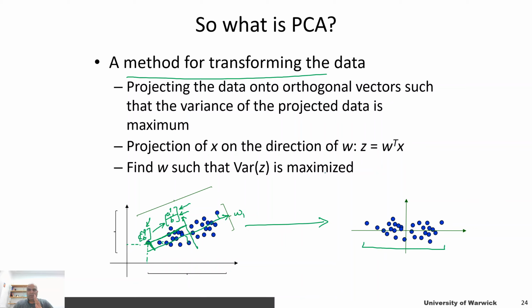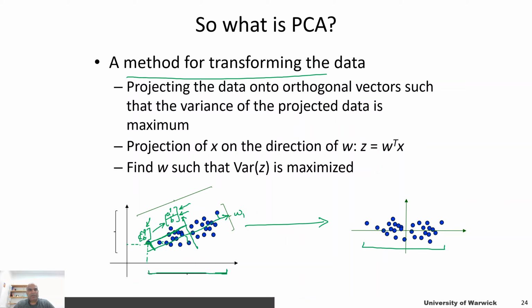Some people find it difficult to understand mathematically, but if you do it geometrically, it's much easier. What I welcome you to try is to take a piece of paper and put some points on it, just like what we've done. Then take a scale and measure how much spread there is along this axis.